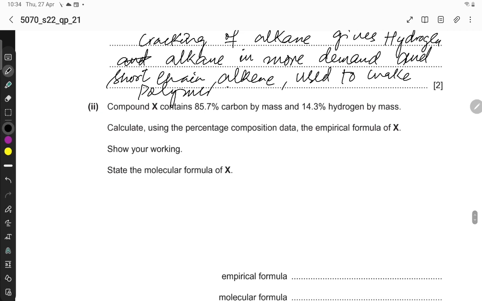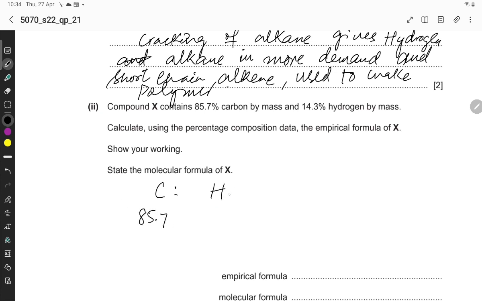X contains 85.7% carbon by mass. Calculate, using the percentage composition data, the empirical formula of X. X contains carbon and hydrogen, 85.7 and 14.3, divided by 12 and 1.